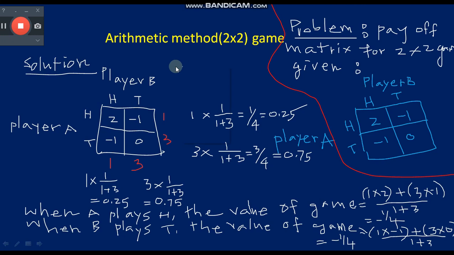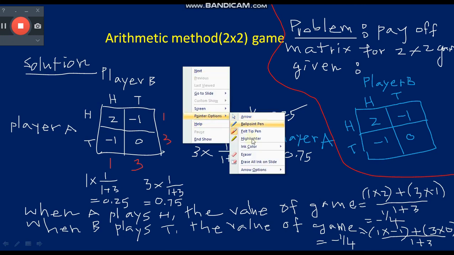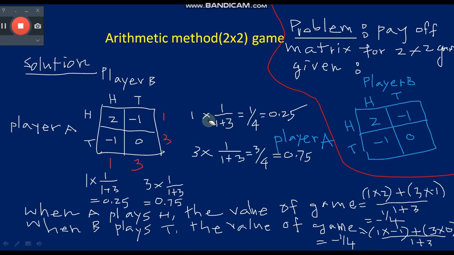Now look at this. How are we getting these two numbers outside of the first strategy and the second strategy? We subtract this number from this number. What will we get? 3. That is 2 minus (-1), 2 plus 1 equals 3.